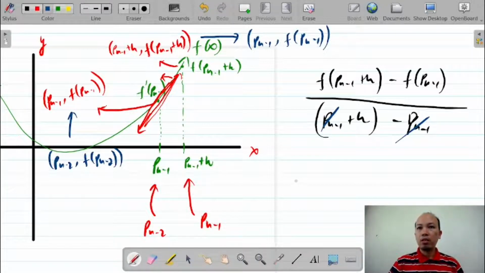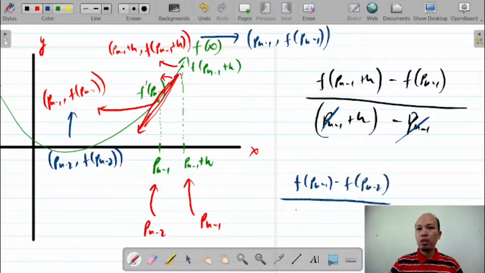So our new formula is f of p sub n minus 1 minus f of p sub n minus 2 over p sub n minus 1 minus p sub n minus 2.